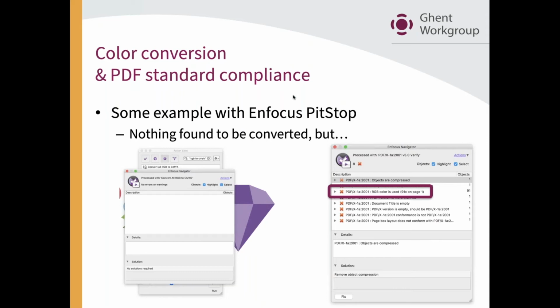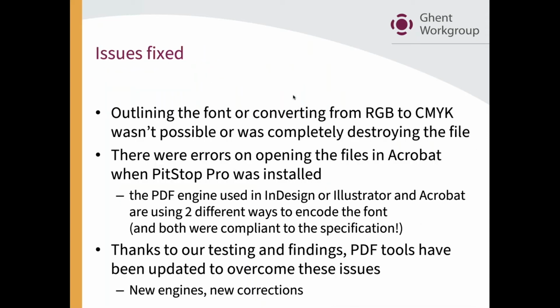So at that time, we had a lot of problems, because you could not even outline a font or convert the font from RGB to CMYK. Depending on the tools and different parameters, it was either not possible or it completely destroyed the file. You would get only black dots instead of the glyphs when you did the outlining or the conversion.